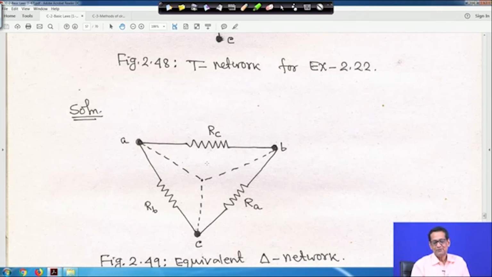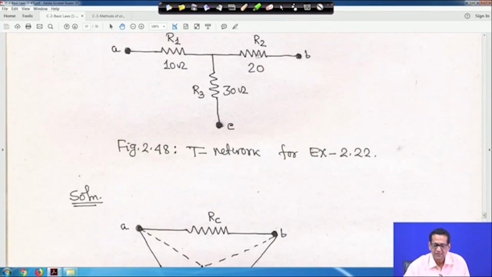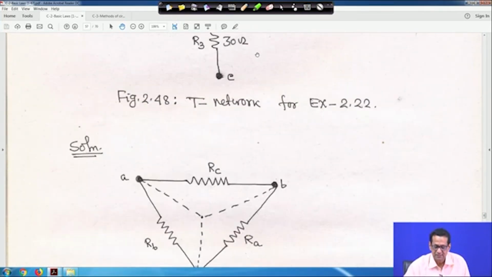So, RA is equal to, as I told you, you take all the products R1 R2 plus R2 R3 plus R3 R1 divided by the opposite arm of the star, that we have seen. So, in this case also, just 1 minute, let me check, I should not make any error, right. So, this is R1, this is R2, this is R3, now it is okay.